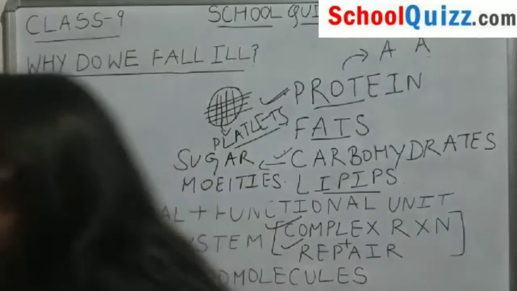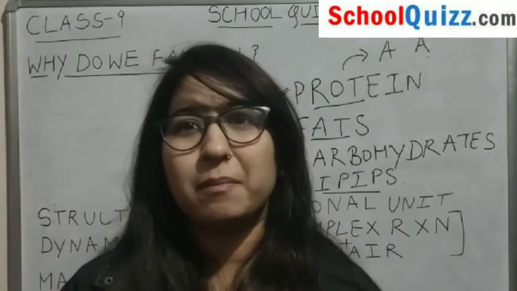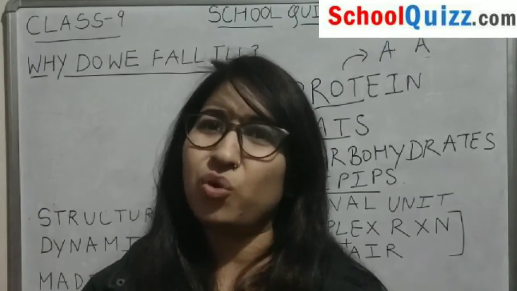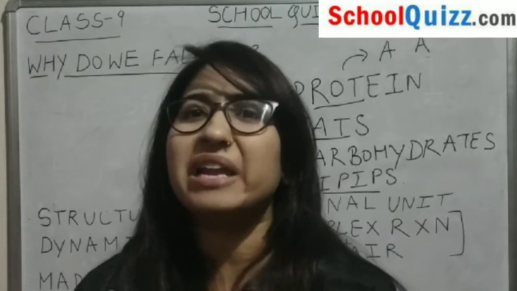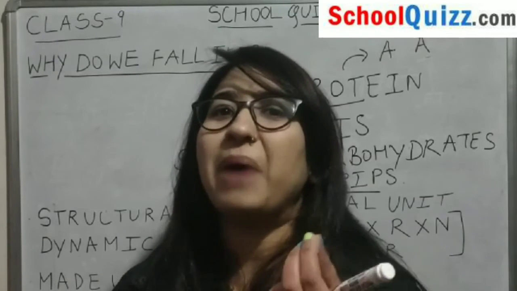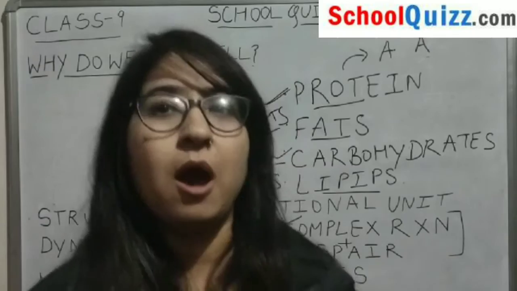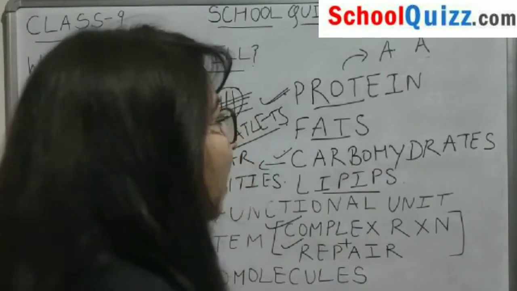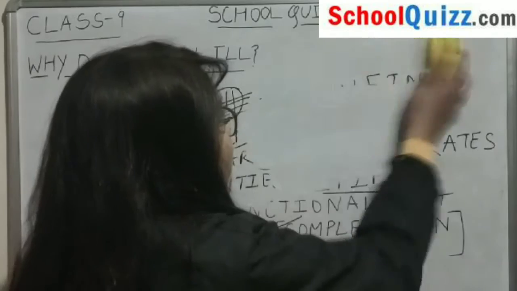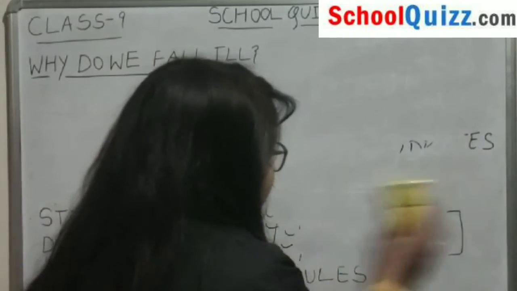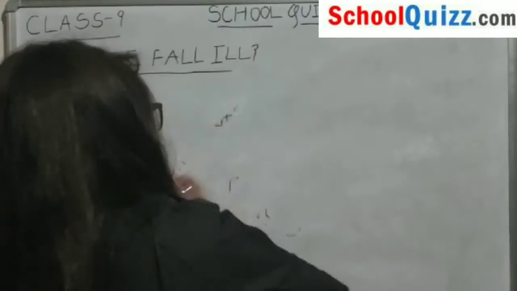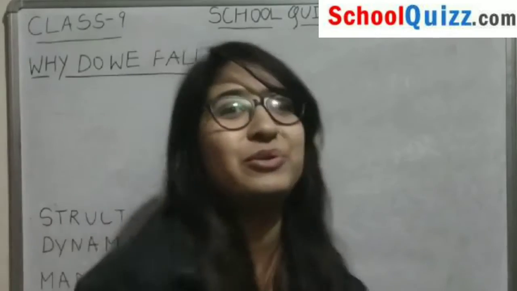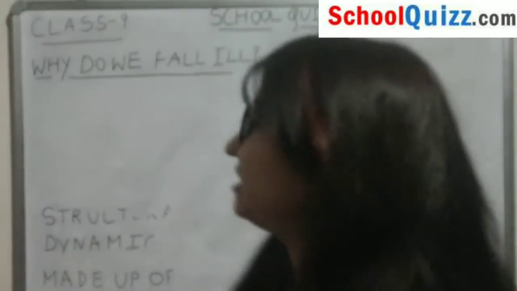Next, as we have seen that, now you will ask, ma'am, does this whole process take place in small bacteria, insects, or very small organisms also? Do they also have a respiratory system, excretory system, digestive system, just like humans? In that case, my dear students, I'm going to tell you that cells are basically of two types.